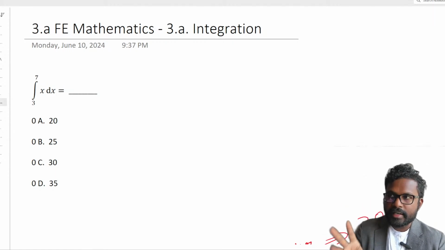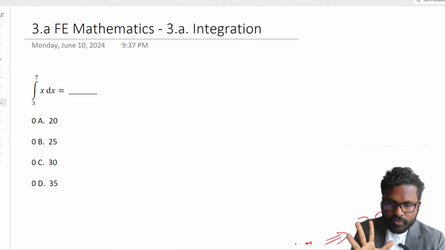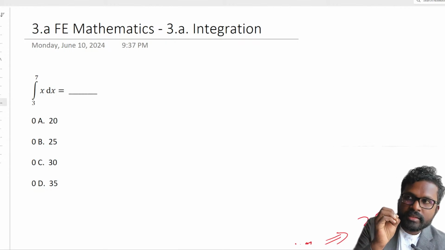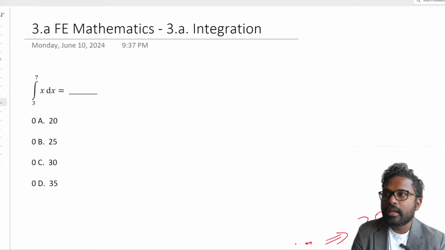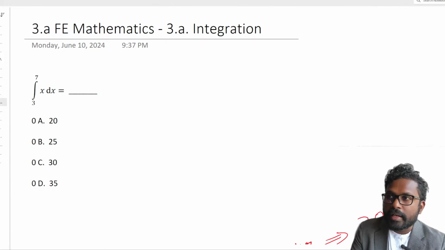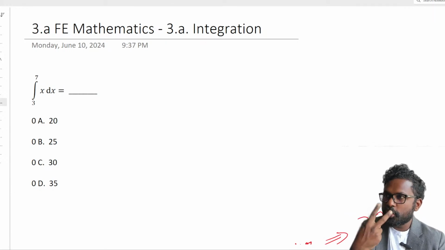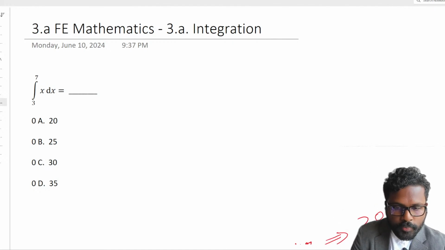The most fundamental and basic concept of integration is in this problem, and it is very important. This problem literally came in the 2024 February examination, so make sure you pay full attention to this concept, guys. Let's go deep into this problem.